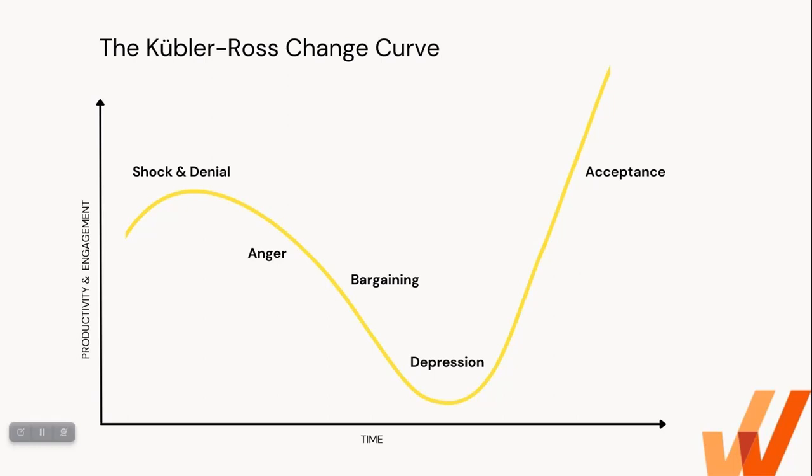Then applying the change curve to organizational change. This you can see first, and this is the situation before implementation of the change curve: shock and denial, anger, bargaining and depression, and then acceptance.